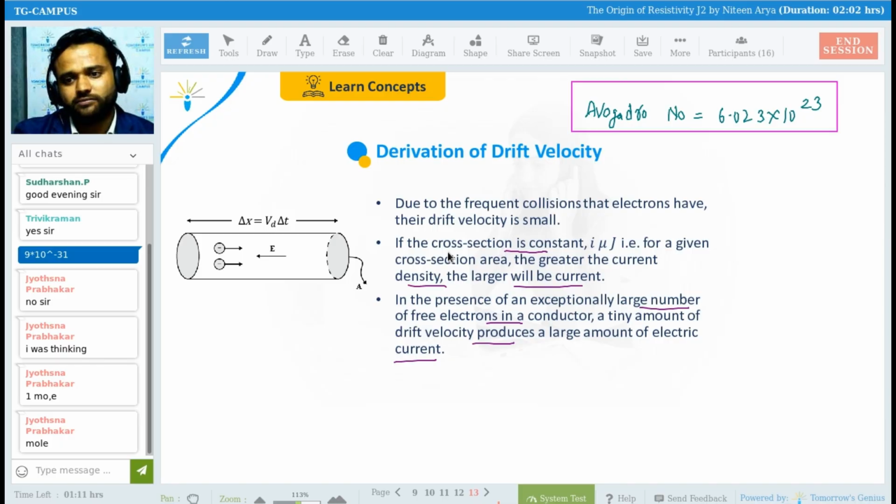So in 1 mole we have that much number of particles. Now think: if we have 10 moles, 20 moles or 100 moles, how many electrons do we have?